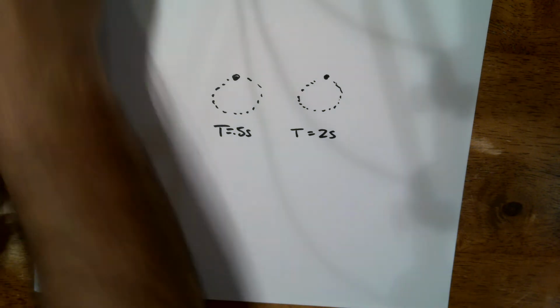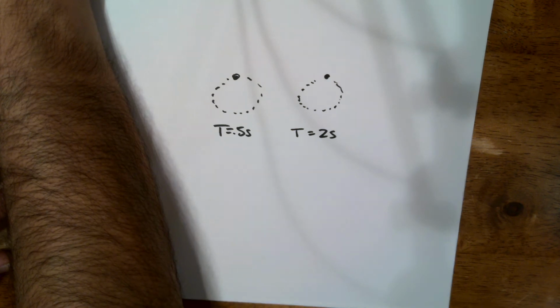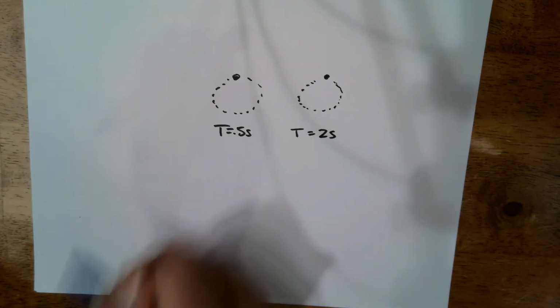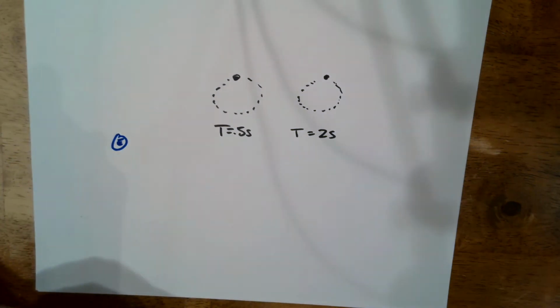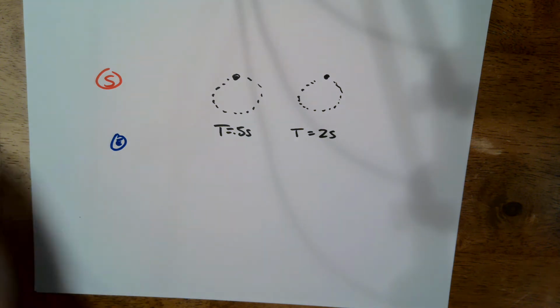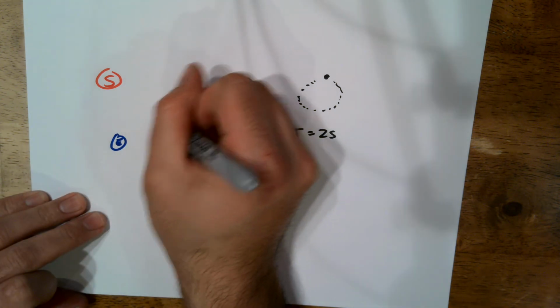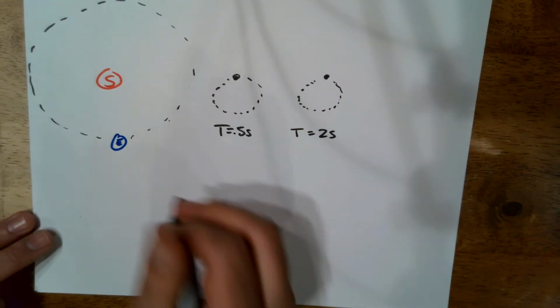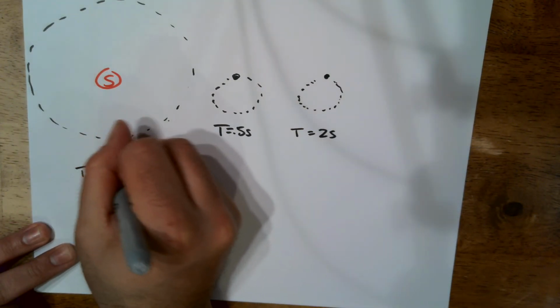If we want to talk about a different end of the spectrum here, we could think about the planet Earth, the sun, and the fact that the Earth has to rotate around the sun. That takes an extremely long time, 365 days.